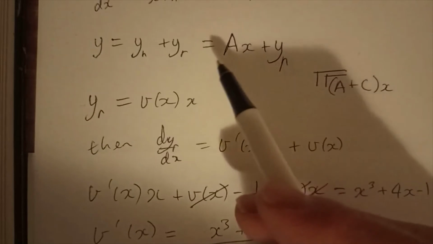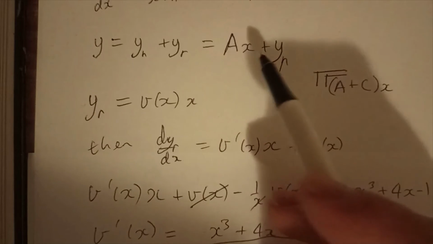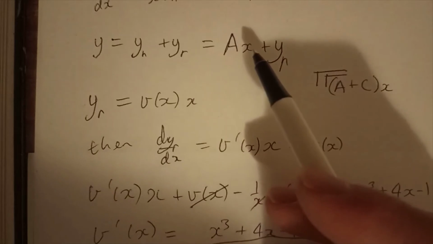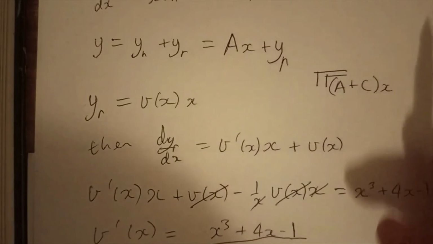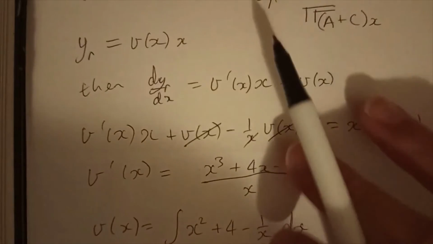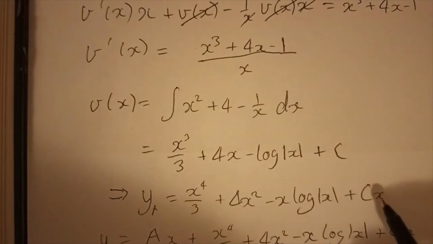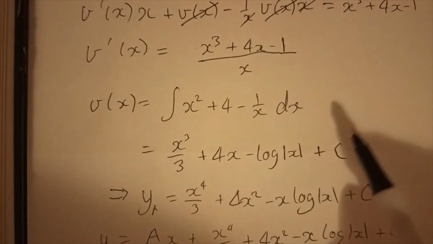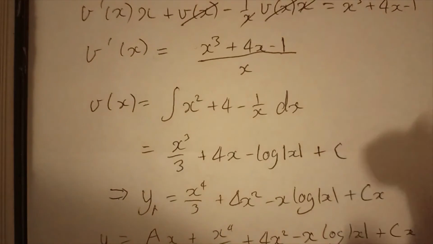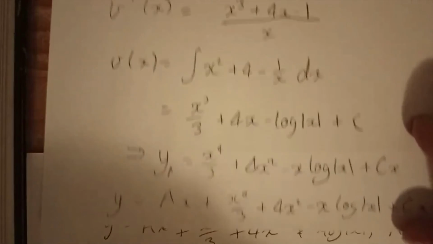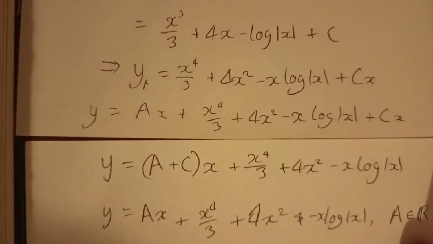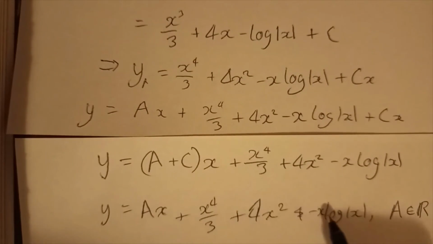So that constant times x function within the solution is already included, so we don't need to add this cx or this c, and therefore we don't need to add this c in the v of x. Okay, so this is the solution that we've found.